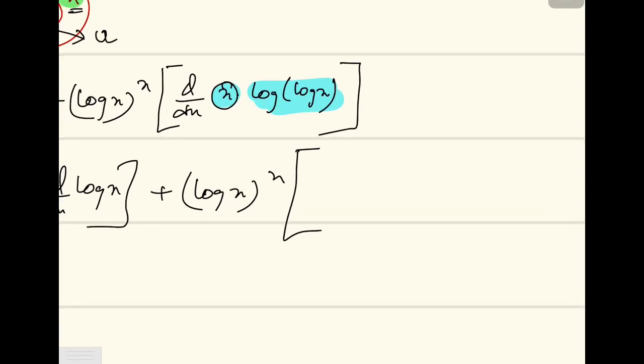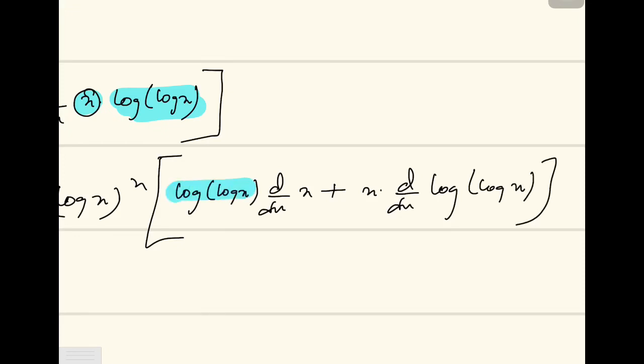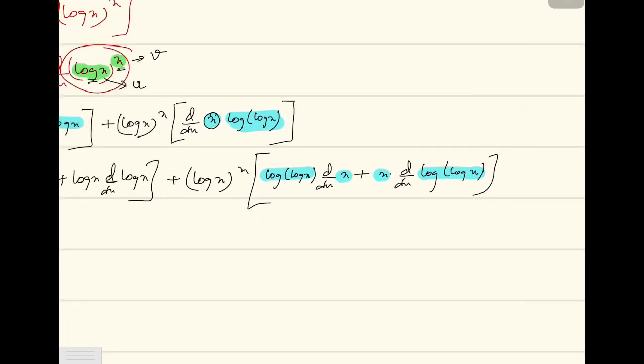So second, log x into d/dx of x, plus first, x into d/dx of log x. Again I repeat, second into d/dx of first, first into d/dx of second. I think that makes sense now.